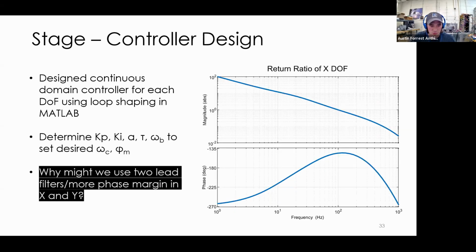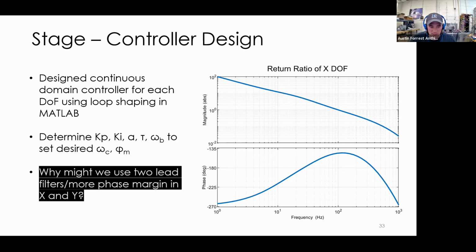I designed the controllers for the stage the same way you've been doing in class, just using MATLAB transfer functions to take my crossover frequency and phase margin and determine the actual Kp, Ki, alpha, tau parameters for the stage. For the hub actuator X and Y, I ended up using 2 lead filters rather than 1, so 2 in series.